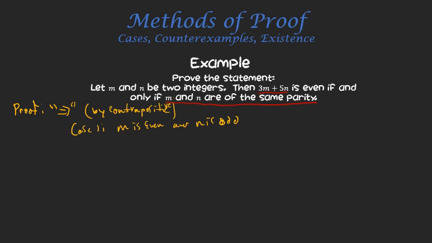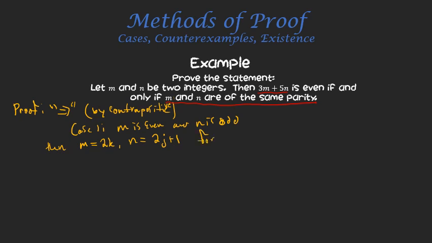Okay, so in this case, m is even and n is odd. We'll write m equals 2k and n equals 2j plus 1. Again, keep in mind we need to use 2 different variables there, or 2 different constants rather, because we don't want any extra assumptions coming along.